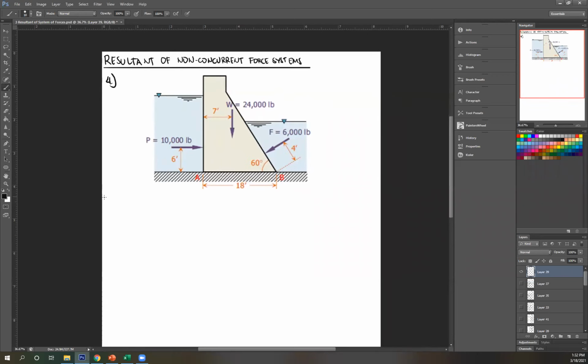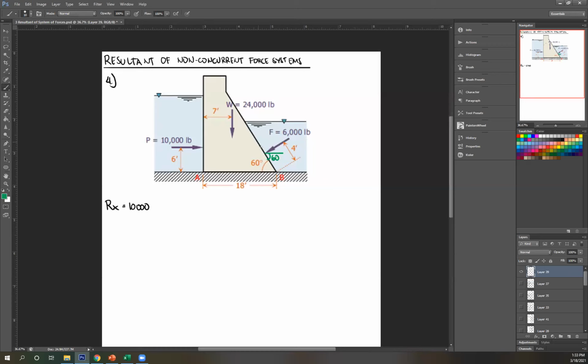Okay. So let's start. Again, we're usually starting Rx. Let's start with the leftmost. So 10,000 to the right, therefore positive. Next, this doesn't have a horizontal component. And then what about this? So this is another manipulation of angles. So recall alternating interior angles. So if this is 60, therefore this is also 60.